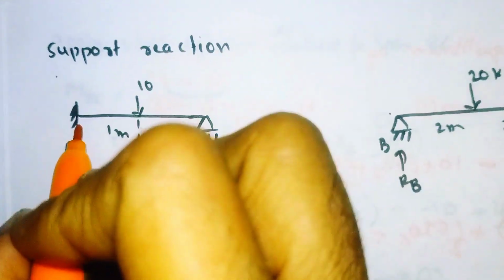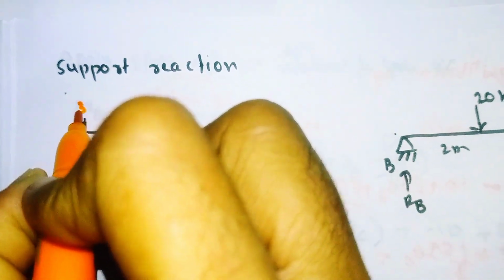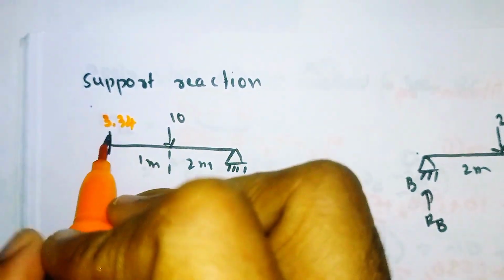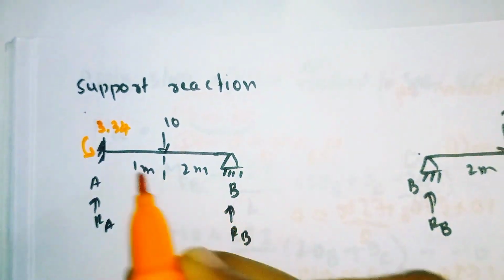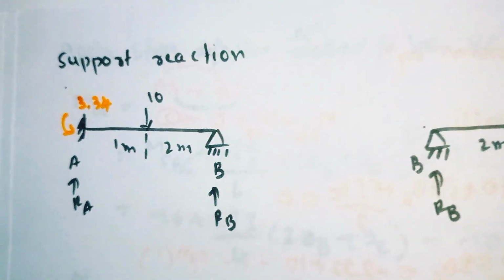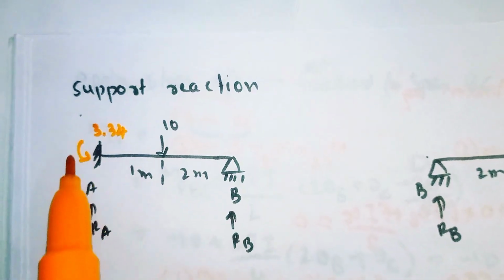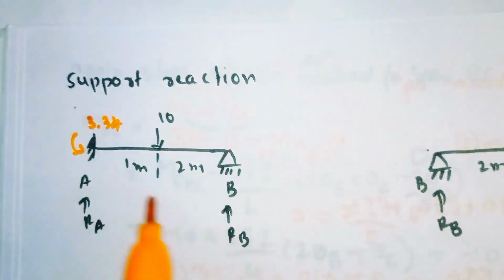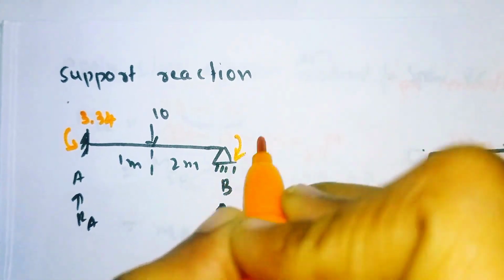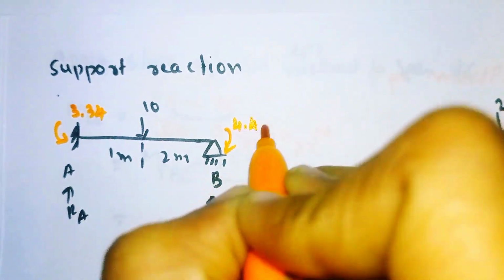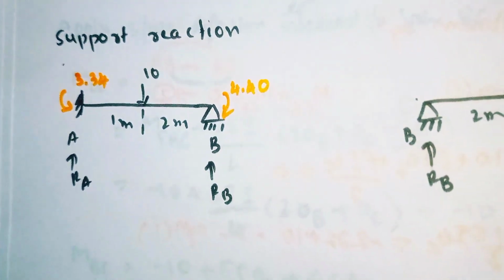MAB being minus 3.34 means it is anti-clockwise. We don't need to write negative here, because the symbol itself says it is negative. And our MBA value we got was plus 4.40, so it is clockwise.